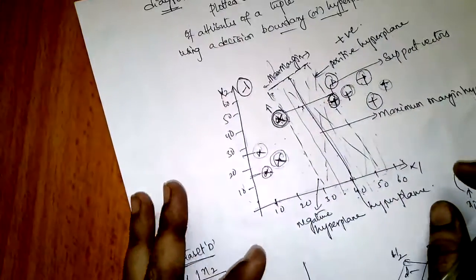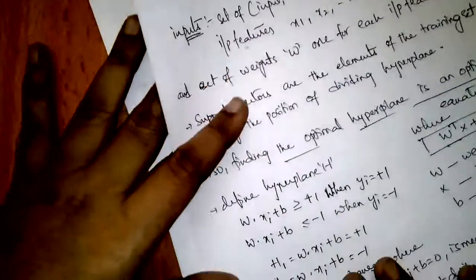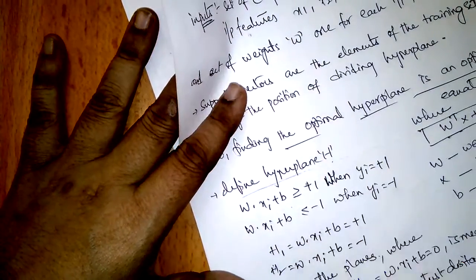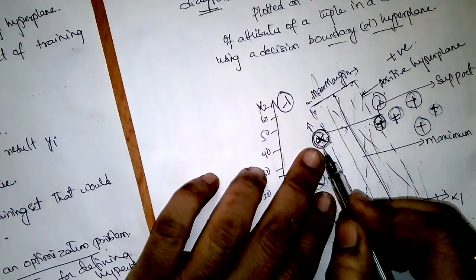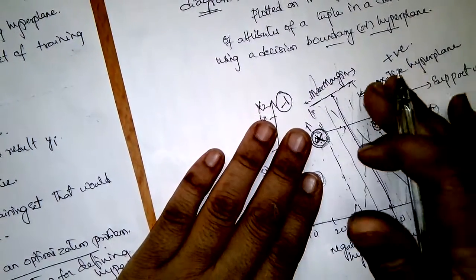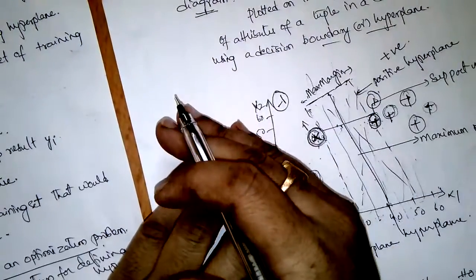So how to find it? We have to use a formula, w dot xi plus b. To define the hyperplane, we will consider three values. See here, this is the support vector of this category, and the support vector of this category. All the points belonging to this side we call the positive class, and this is the negative class.